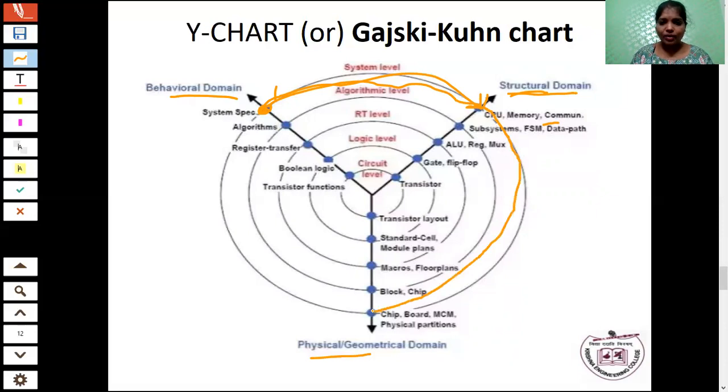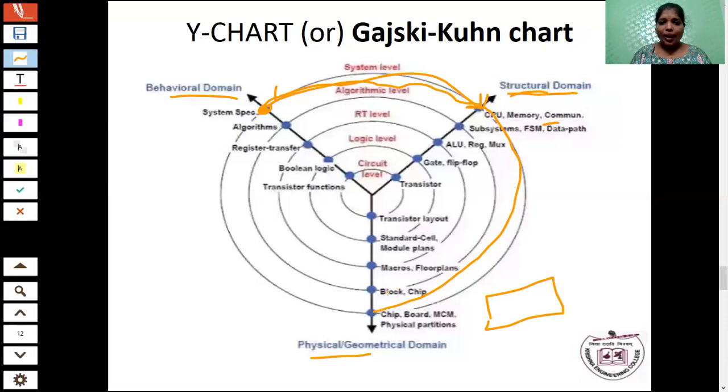In the physical domain, first we are going to perform the physical partitioning. So what does partitioning mean? We are going to divide into smaller systems like motherboard, control unit, ALU, registers, and so on. Here we are going to choose an IC, the size of an IC board to implement this.